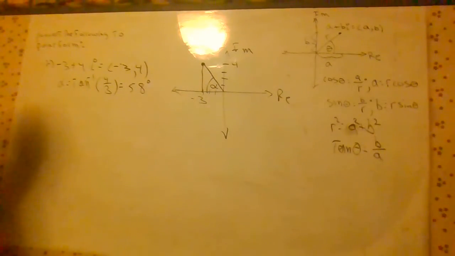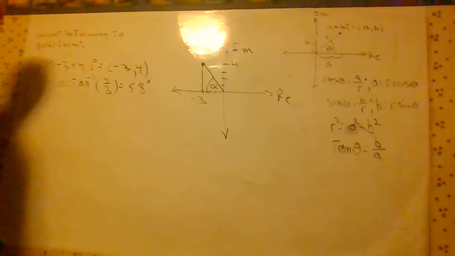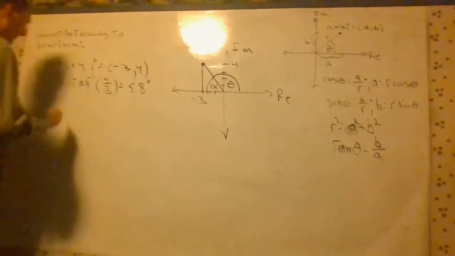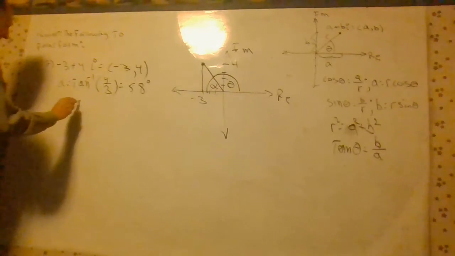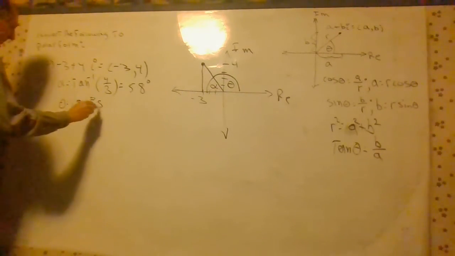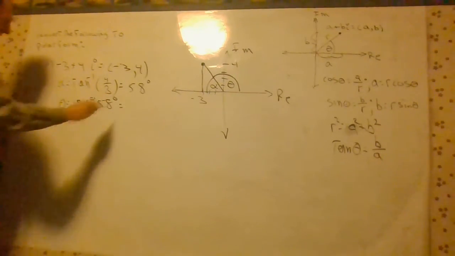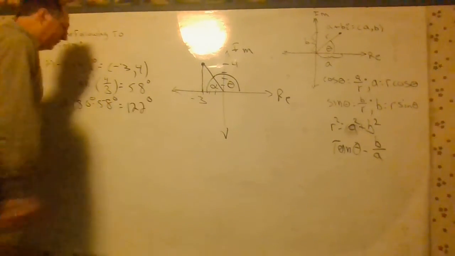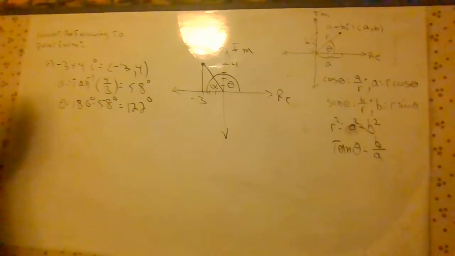I believe it's 58 degrees if you find the arctangent of that. And of course, this is the angle theta. Theta is equal to 180 minus 58 degrees, which is 122 degrees, rounded to the nearest degree.